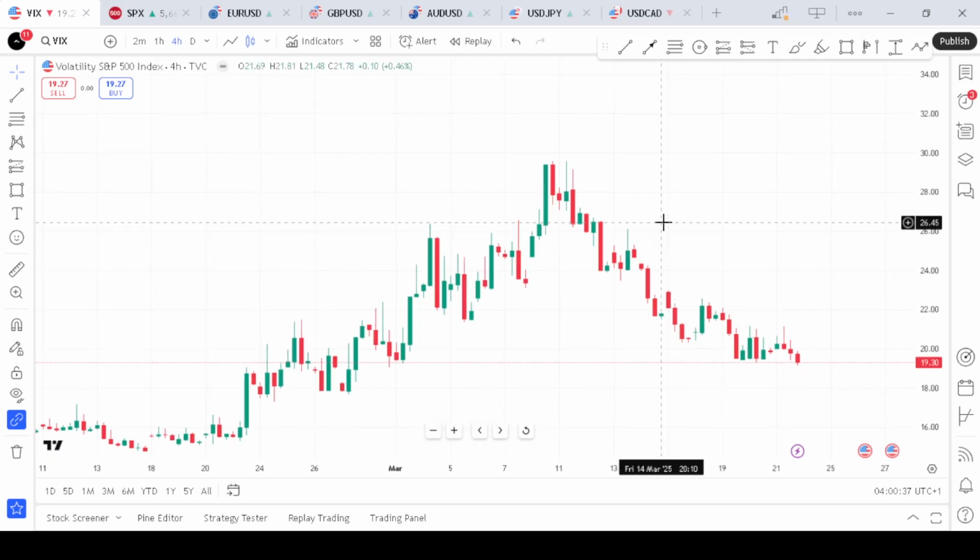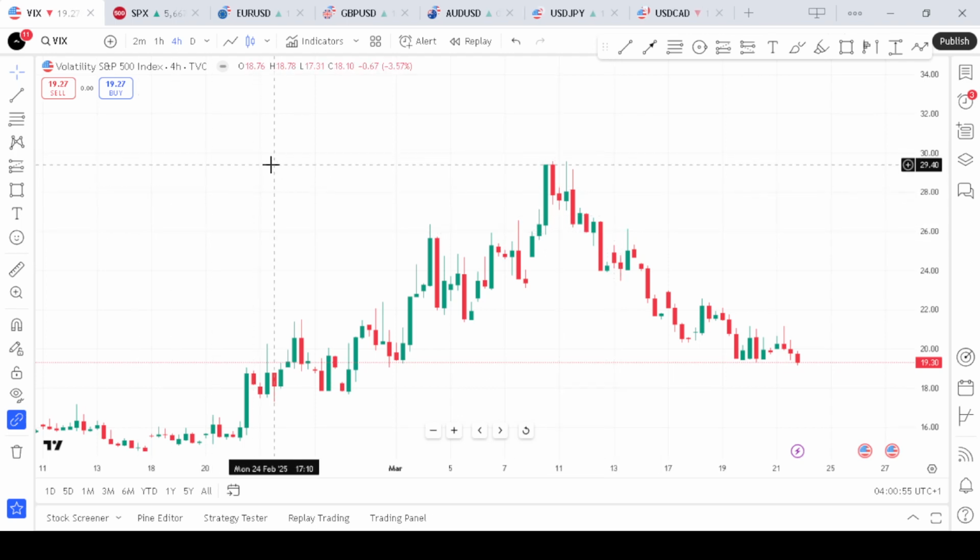Then contango, this is when long-term futures are higher than short-term futures. This reflects normal conditions but could indicate complacency if too steep.